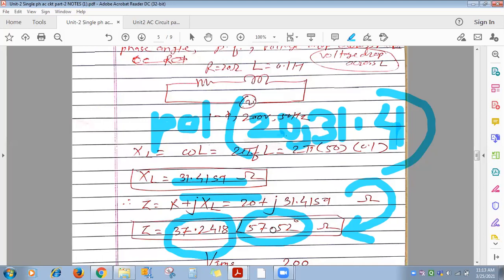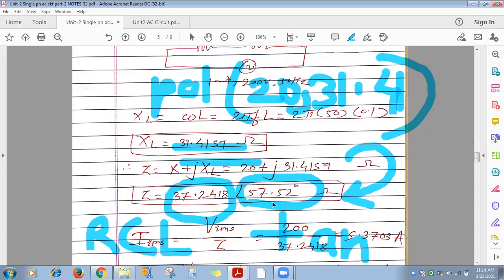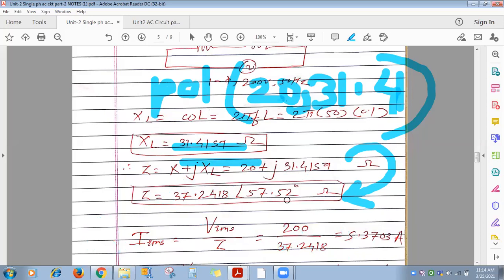If some calculators display only the magnitude, write it down, leave whatever is on the screen as it is, and then press RCL and then tan. Recall tan. You will get the angle of plus 57.52 degrees. This is the rectangular to polar conversion. Got it?